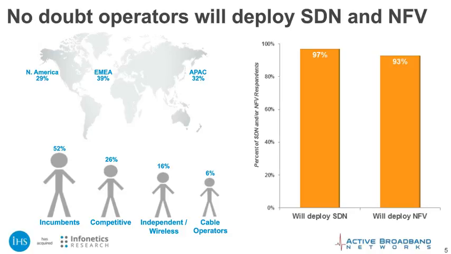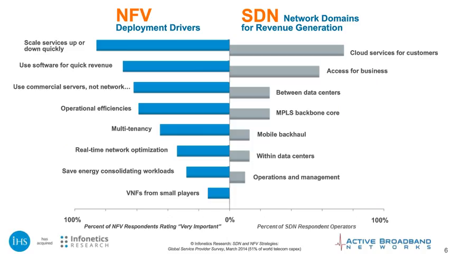Now, looking at the specific drivers for NFV and for SDN, it's about revenue. On the NFV side, the top drivers are scaling services up or down quickly and using software for quick revenue.